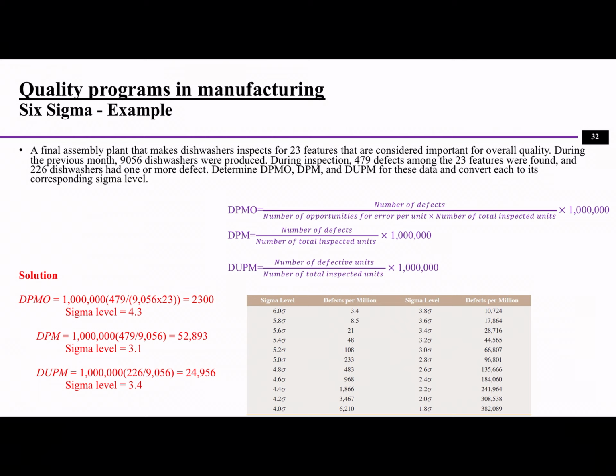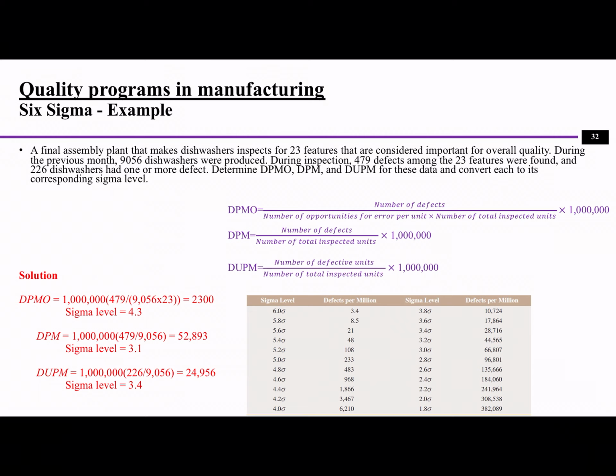Among 23 features were found, and 226 dishwashers had one or more defects. It means defect units. How many units have defects? 226. Now it asks us to determine DPMO, DPM, and DUPM for these data and convert each one to its corresponding sigma level.